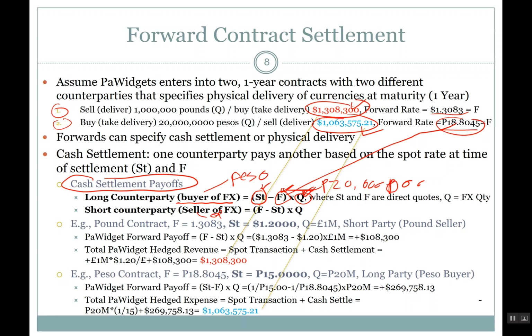And then whatever that number turns out to be, if it's positive, you get paid. If it's negative, you pay the other person. It's just like a profit calculation. So say the exchange rate turns out to be exactly 18.8045 one year from now. Just dumb luck. No one pays anyone, you just walk away.